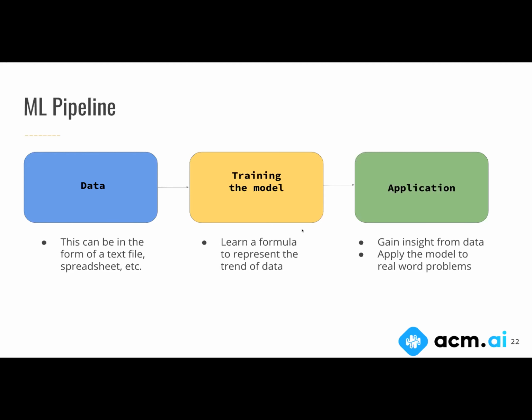We'll have different terms for it in the next workshop, but we'll put it that way for now. We're also going to go into training in more detail in the next slide. The last stage of our pipeline is application. For a machine learning model, that just means applying your model to real world data sets. For a data mining algorithm, that could mean interpreting your data and gaining insights from it.